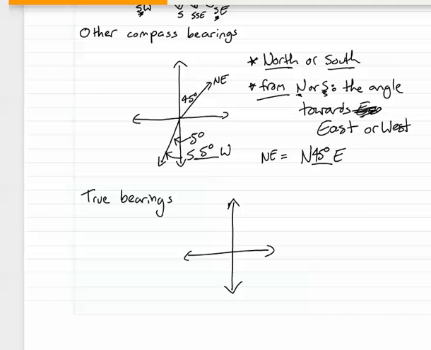And true bearings, the last one of the lot, possibly the easiest of all. They are also known as three-figure bearings, and they're just an angle clockwise from north.